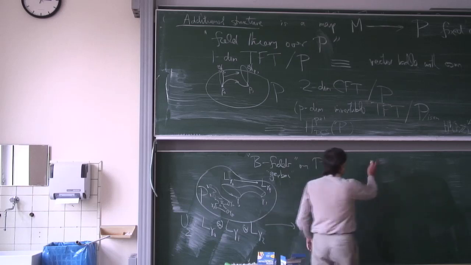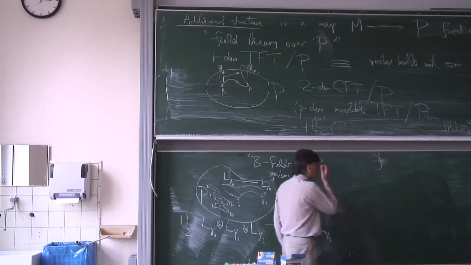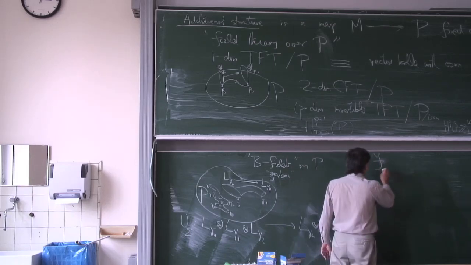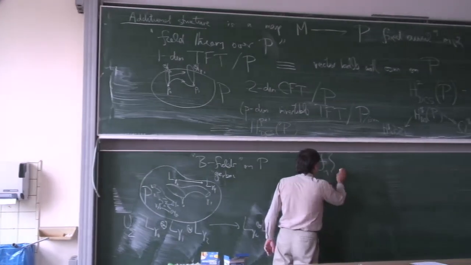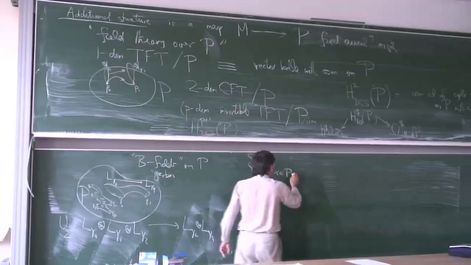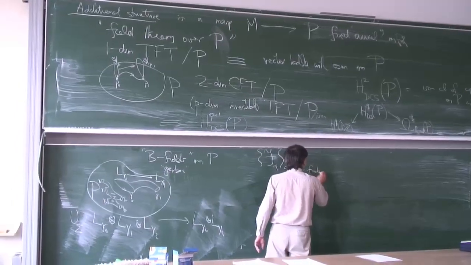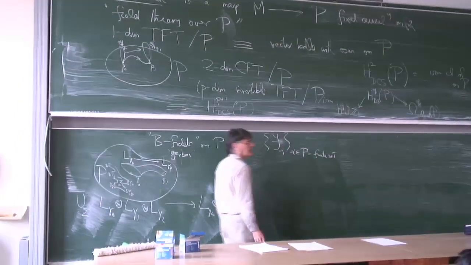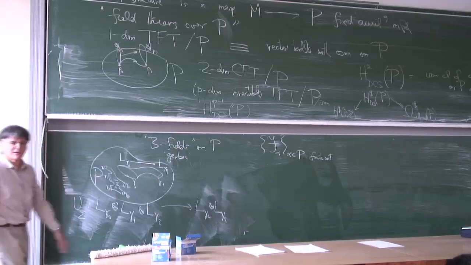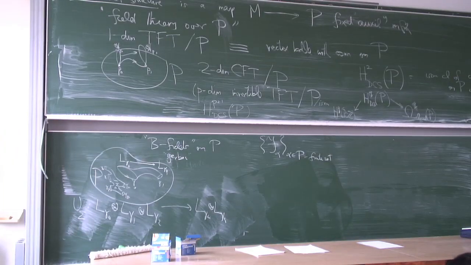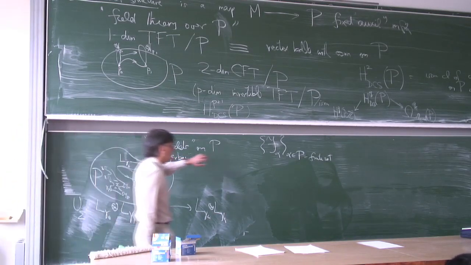Suppose we have some quantum field theories of a certain dimension d, it doesn't matter what, a finite number indexed by a finite set P. So we're now going to specialize this whole structure down to a finite set P. We have a finite number of theories.